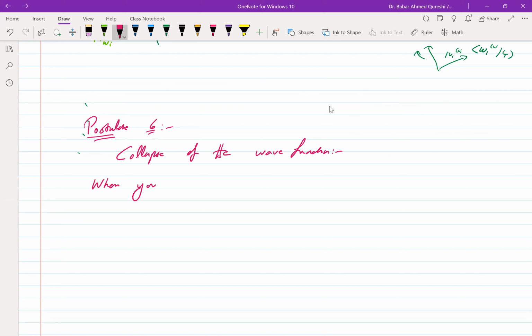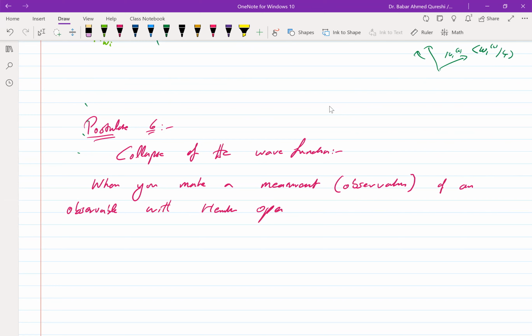When you make a measurement or observation, same thing, different words, of an observable with Hermitian operator, let's say omega, and find, now you know that you will find as your outcome one of the eigenvalues, so one has to be realized.